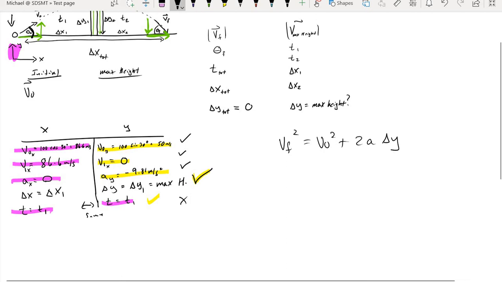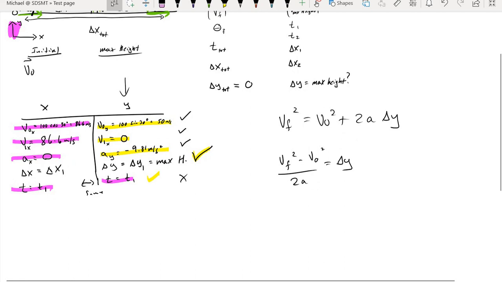Remember, we are only working in the y direction right now, so I'm using y displacement. In fact, every value that I plug into this equation is going to come from the y column. We're trying to solve for delta y, so I will rearrange this expression to solve for delta y. Then we'll plug in our numbers.